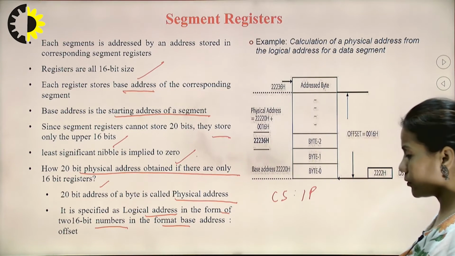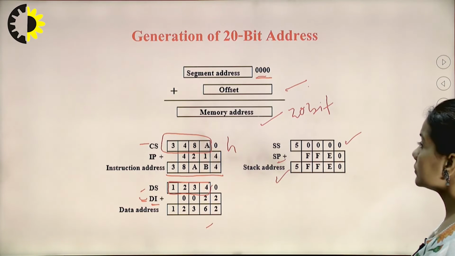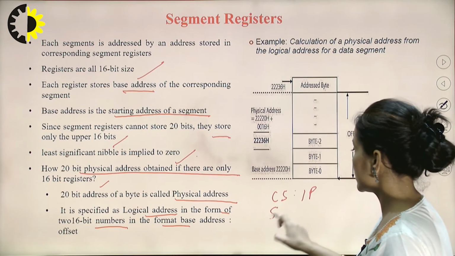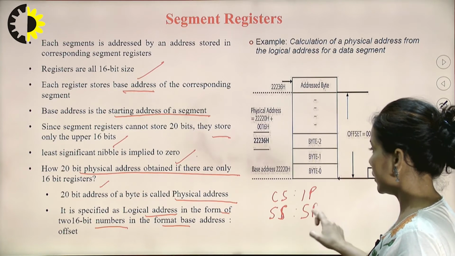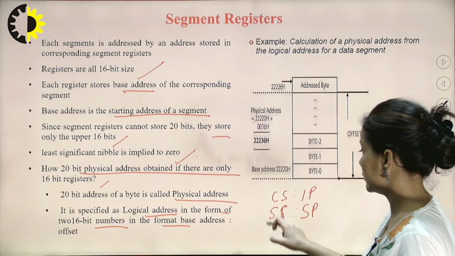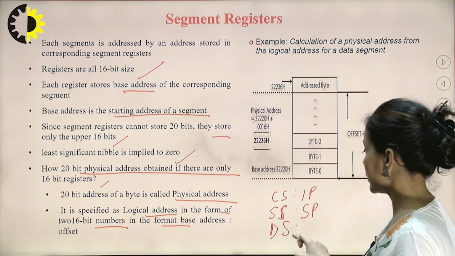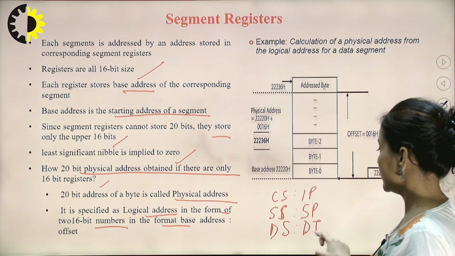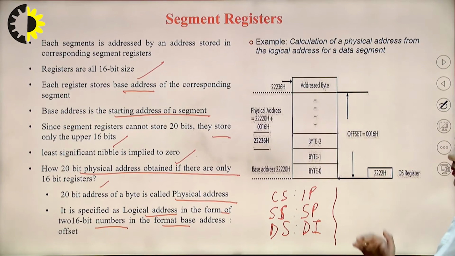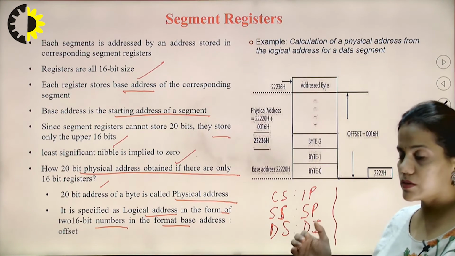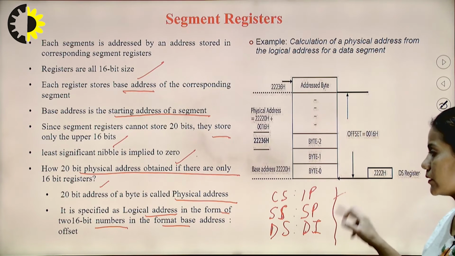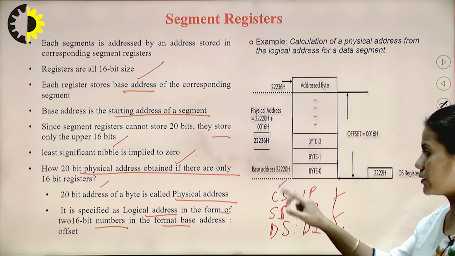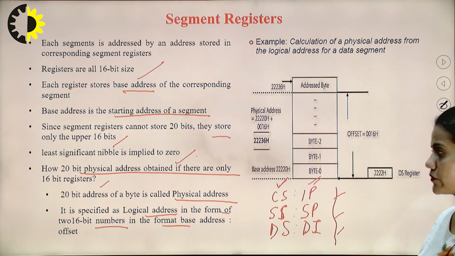If we are talking about SS and the stack pointer, the stack segment, and again the data segment register and DI. So this is how the physical address, the combination of the logical address and the offset, is represented. These are all segment registers, base addresses, and these are all offset addresses.